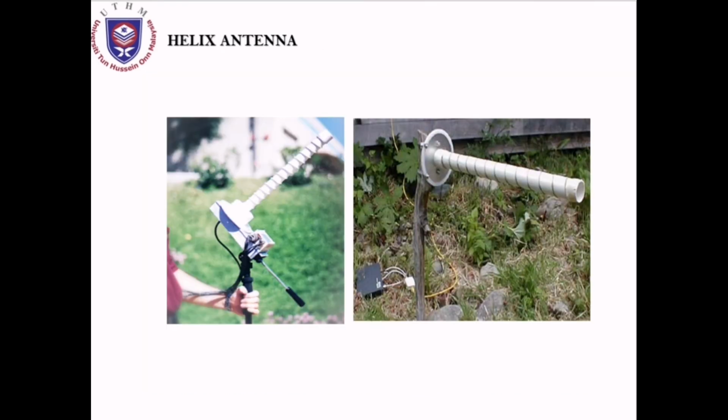This is a helix antenna, usually used for point-to-point communication, might be around 5 kilometers to 10 kilometers range. They can communicate between each other. A parabolic antenna can go up to a few hundred kilometers because it wants to communicate with the satellite in the sky. That's why the parabolic antenna has a large structure.